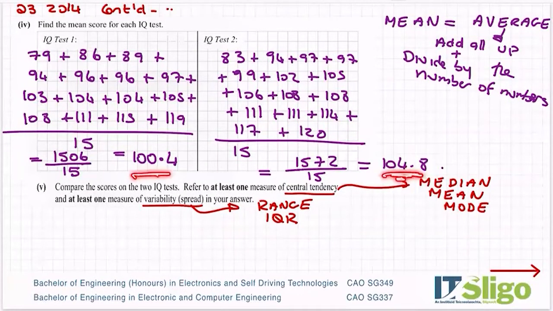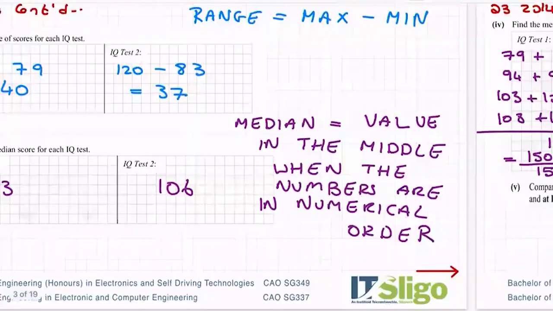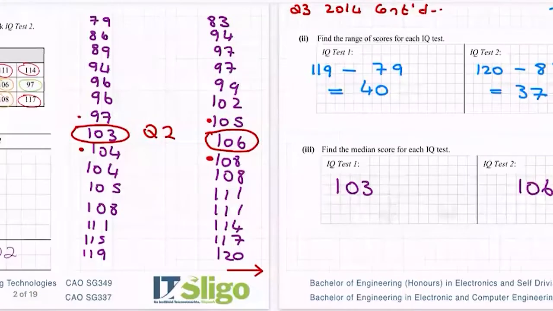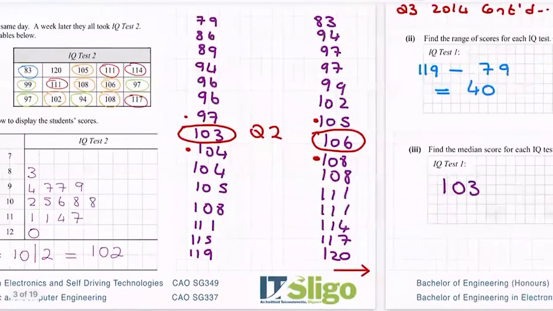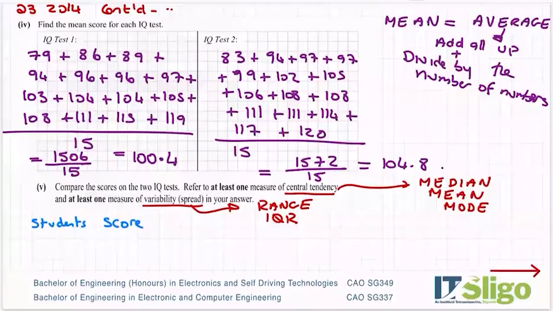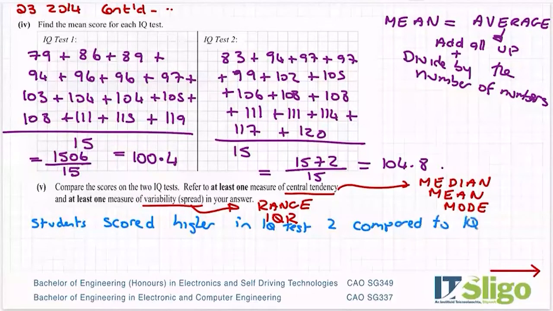So people are scoring higher in IQ test 2 than IQ test 1. So that's the first thing I'm going to put down. Students scored higher in IQ test 2 compared to IQ test 1.